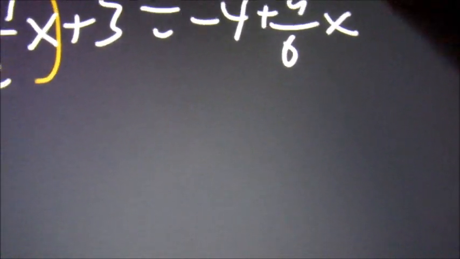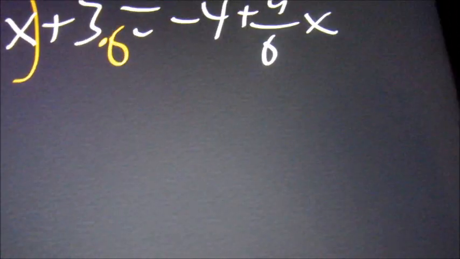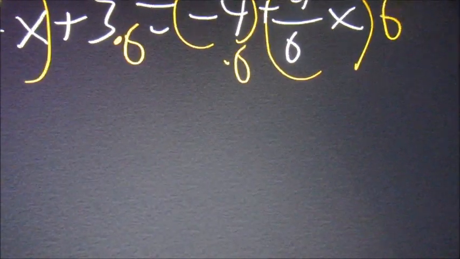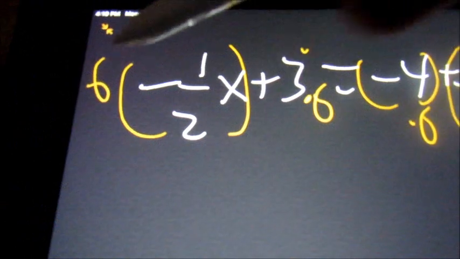So when we do that, this all is going to be times 6. This will be times 6. This will be times 6. And all of this will be times 6. Okay, so now we have 6.